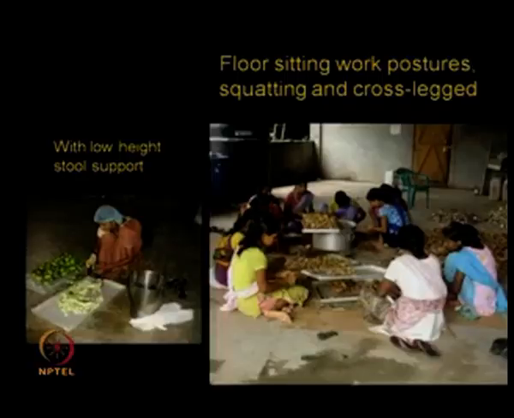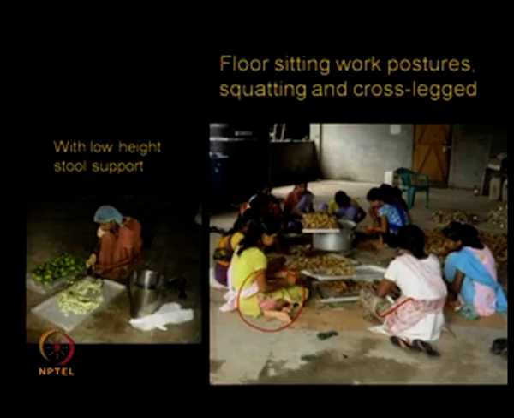Now, in this we can say that with low height stool support is here, and in this right hand corner picture we can say that the floor sitting work posture, that is mixed posture, is squatting and cross-legged, and also mixed type of sitting posture like that.